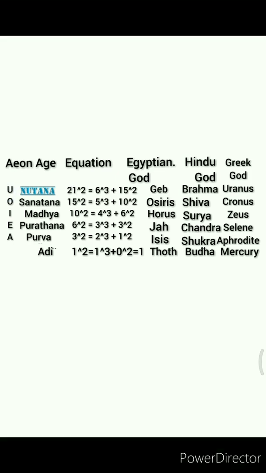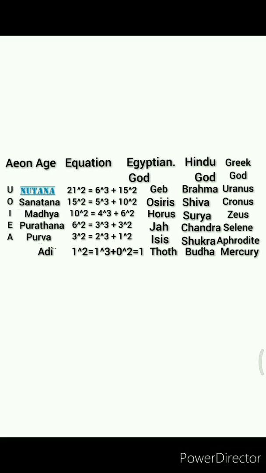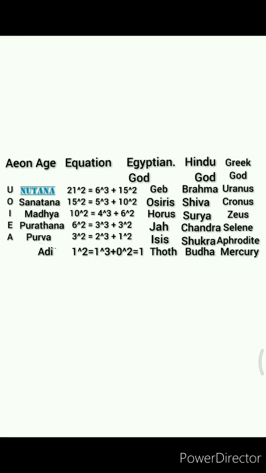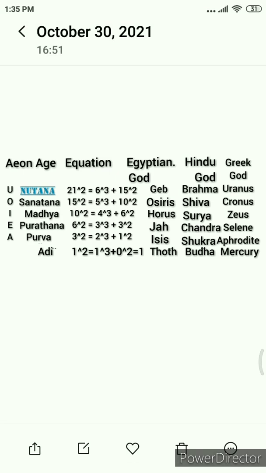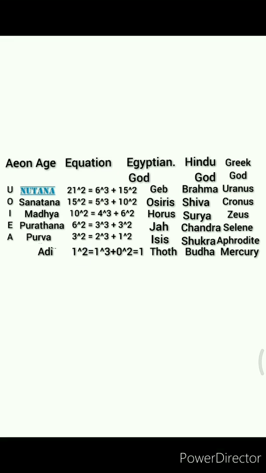But when we come to the vowel I, it is not the 10th letter, it is the 9th letter. This letter E is not the 6th letter, it is the 5th letter. A of course should have been here, and it is associated with 1 squared.